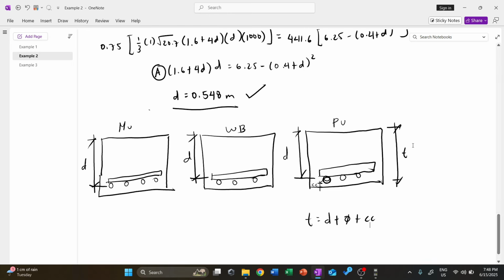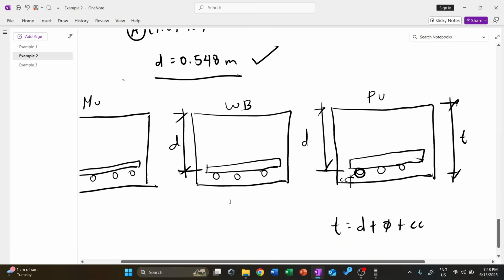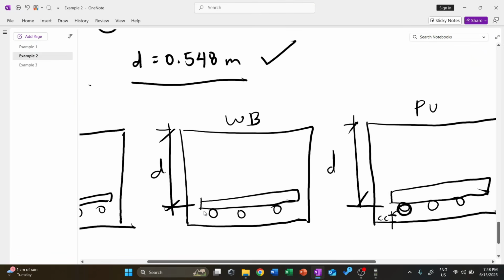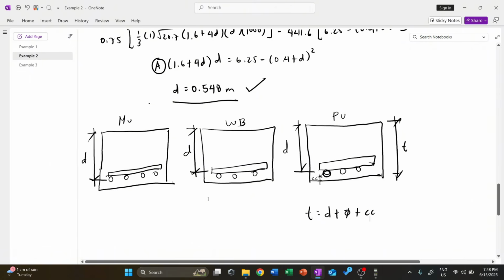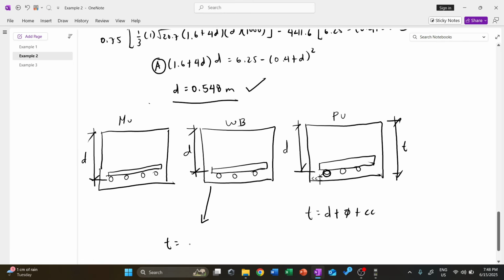Kaya lang, kung nagde-design tayo, gusto nating mas makapal pa na thickness actually, no? So, regardless kung saan dito yung nag-govern, ang magandang gamitin na effective depth ay yung measured from the top bar. Bakit? Kasi kapag ginamit natin yung sa may wide beam na part, okay? So, kung ito yung ginamit natin, yung ibibigay sa atin na thickness is greater, no? Kasi dito mo i-measure yung effective depth.